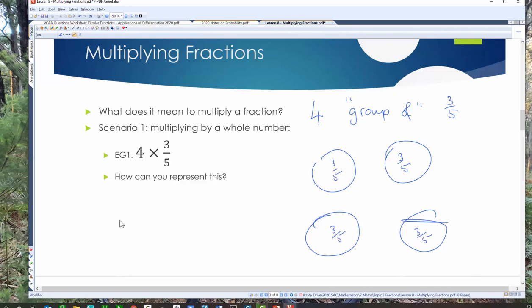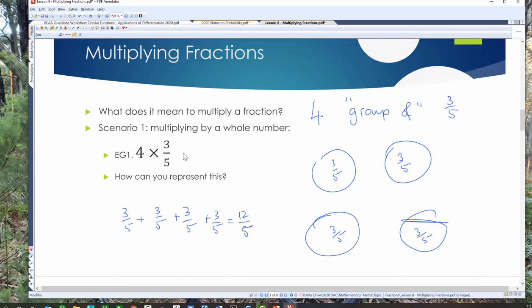So that's 3/5 plus 3/5 plus 3/5 plus 3/5, which, as we recall from addition, is 3 parts out of 5 plus 3 parts out of 5 plus 3 parts out of 5 plus 3 parts out of 5, which is equal to 12 parts out of 5.